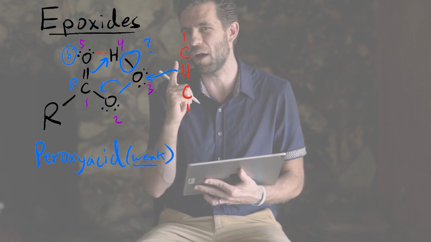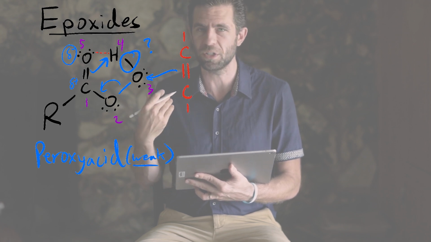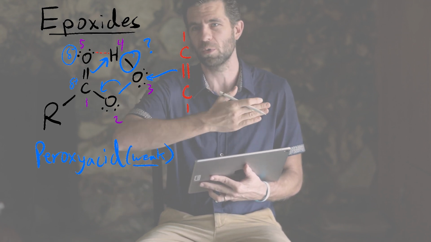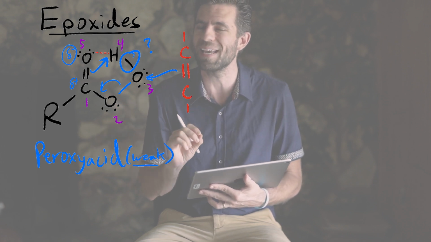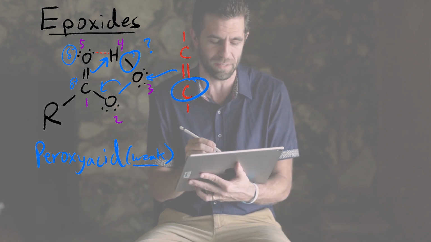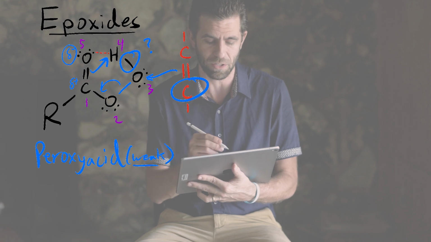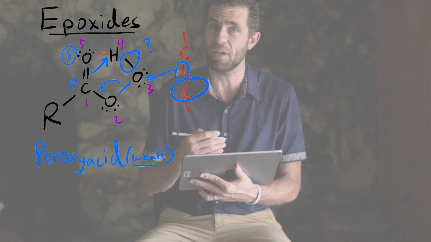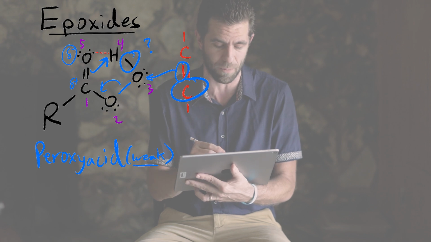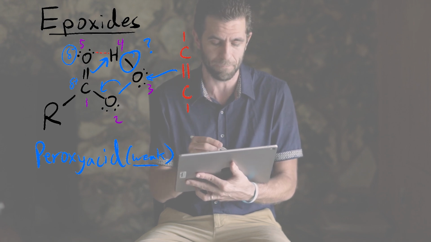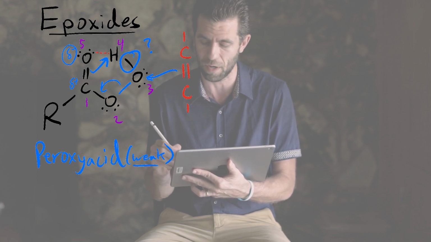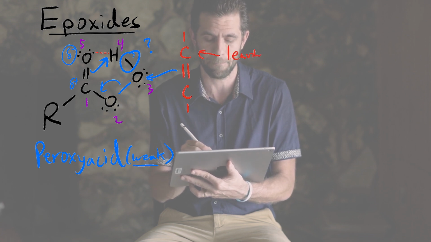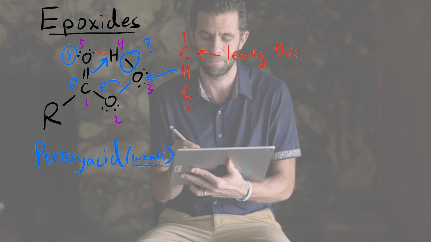Well, remember with alkenes, every time we start to use an alkene to attack something, it's really like a door swinging open. Those electrons are remaining attached to one of these carbons, let's say this one, right? So as the electrons from here are attacking the oxygen, they're still attached to that carbon. They're just leaving this carbon.